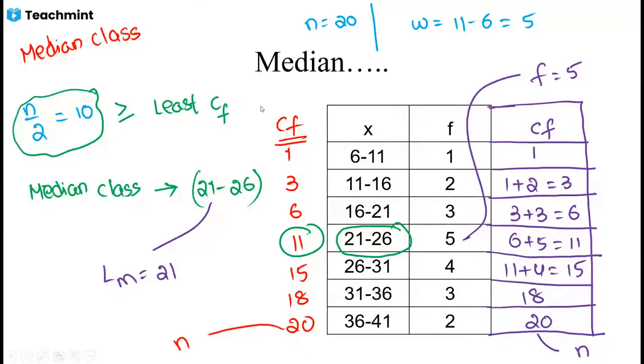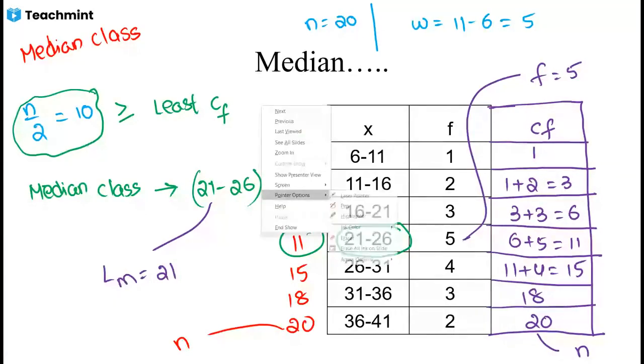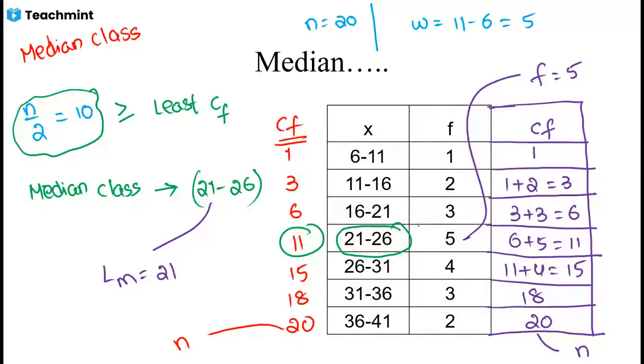Now the problem is with CF. CF is the cumulative frequency of the previous class. In that formula, CF means the previous class. This is the median class, I agree, but the previous class cumulative frequency we should consider.